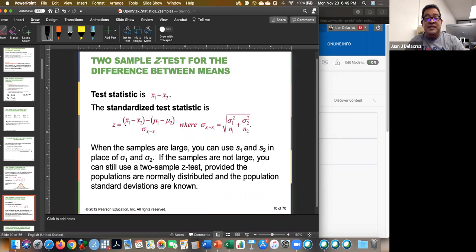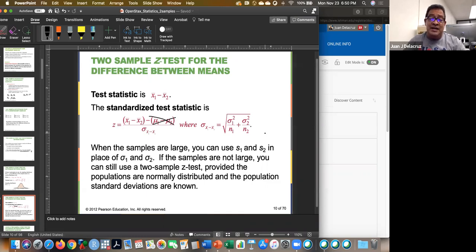This difference of the sample means is subtracted from the hypothesized difference of the population means, which, remember, is going to be equal to 0. When we compute the z-score, we find the difference between the samples and divide by the standard error. Once again, this is going to be the standard error.